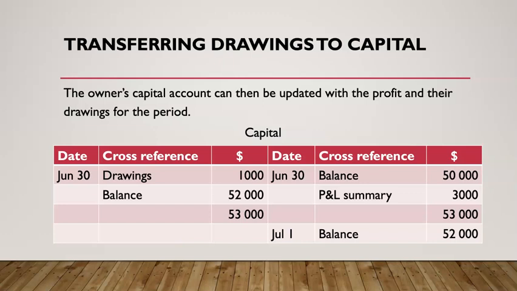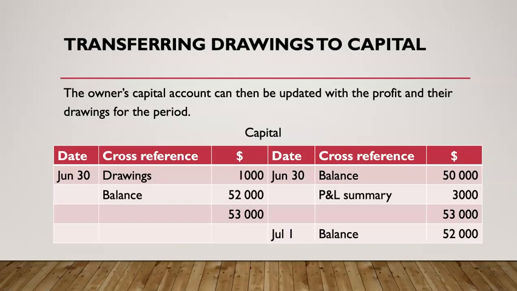Capital would have an opening balance because it is an owner's equity account that gets balanced. On June 30, for example, this business was originally worth $50,000. We know that we have made $3,000 of profit, which increases our business worth, and $1,000 of drawings that decreases our business worth.